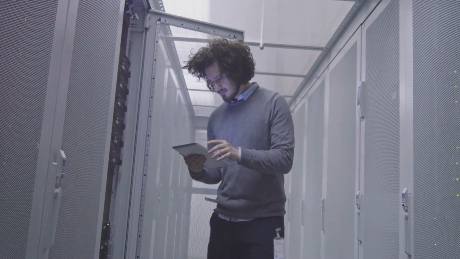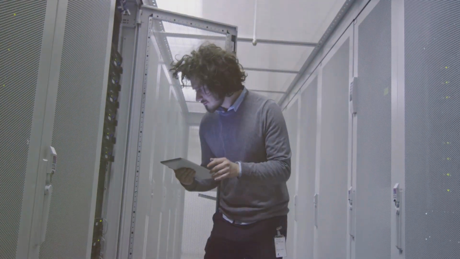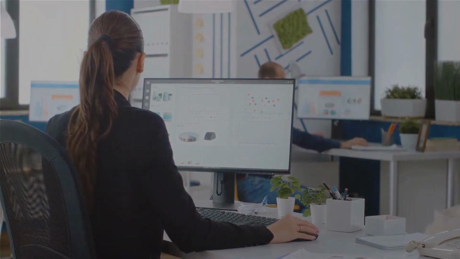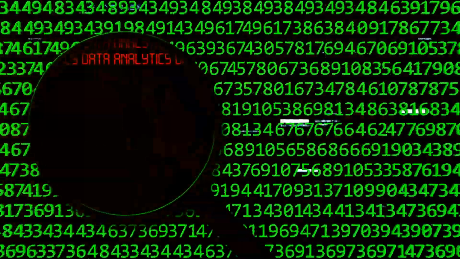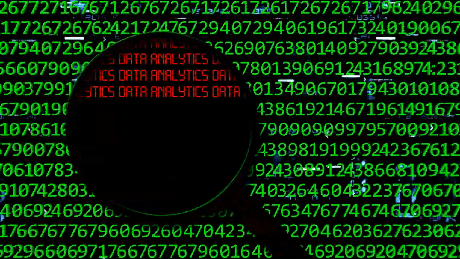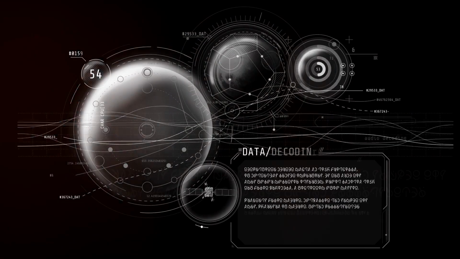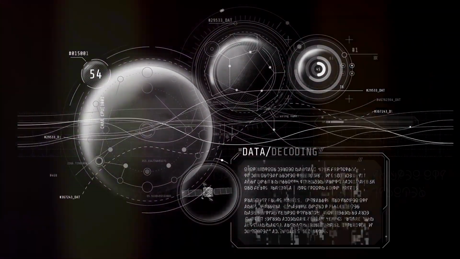While both roles are crucial, they have distinct responsibilities and require different skill sets. So now, can you differentiate between a data scientist and a data engineer? In the grand tapestry of data, these two roles, while distinct, are integral to the overall picture. Picture a data scientist as a detective, delving into the depths of data, seeking patterns, insights, and narratives.